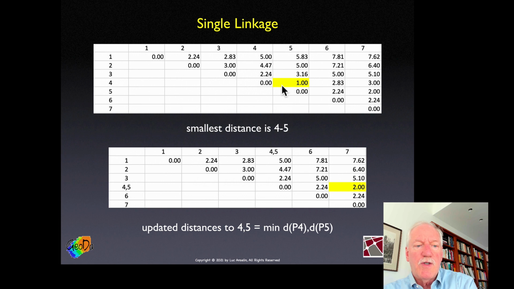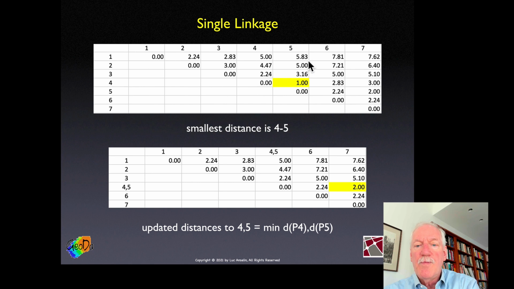So we already saw 4 and 5 are closest, so 4 and 5 are combined. And now what we need to do is update the distances from all the other ones, 1, 2, 3, 6, and 7, to 4 and 5. Let's say from 1 to 4 and 5, the nearest distance is to 5, so in the column of 4, 5, we replace it by 5.